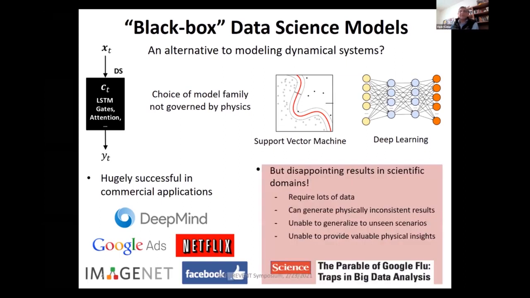But in many of them, there have been disappointing results because these state-of-the-art complex deep learning algorithms are very powerful and can be very good if you have lots of data. Without that, they can have very poor results. They can create physically inconsistent results. They can fail to generalize to unseen scenarios. They're unable to provide valuable insights.